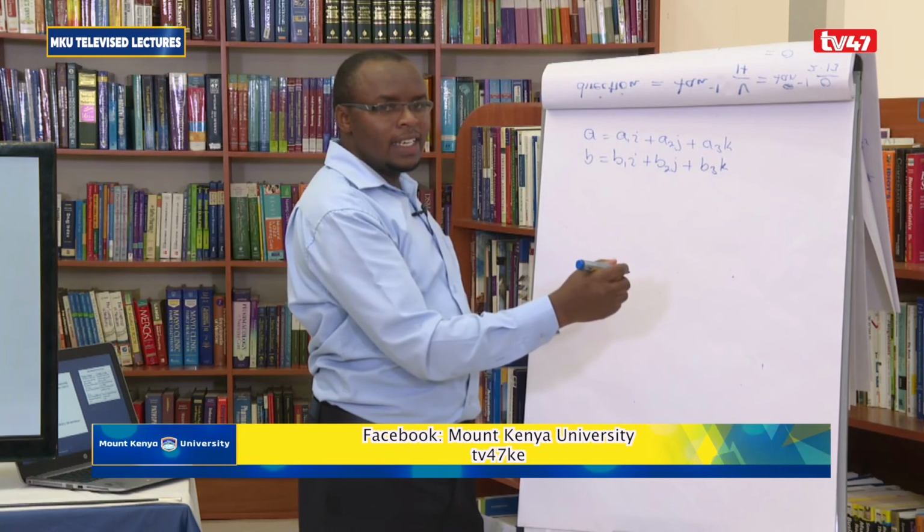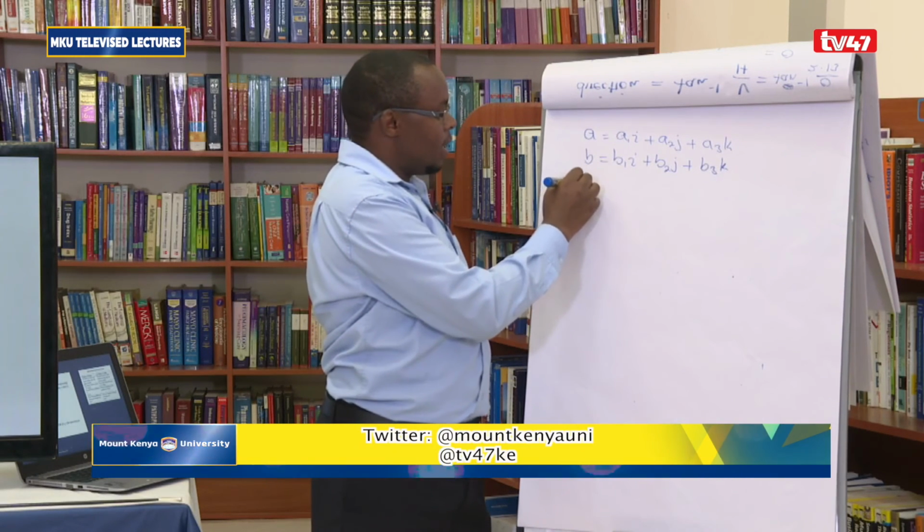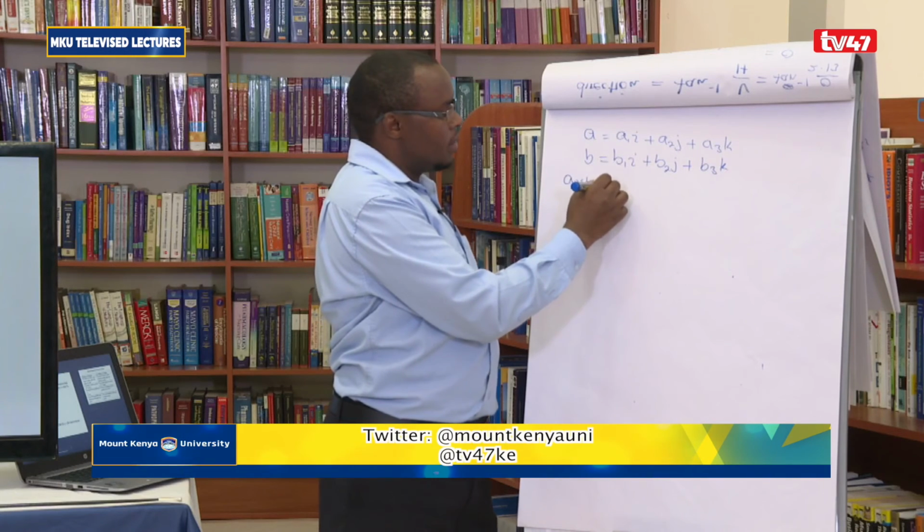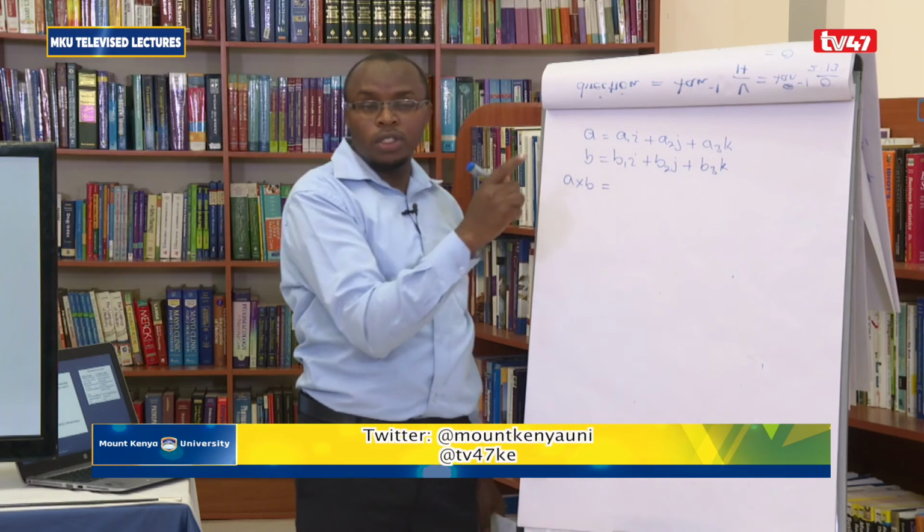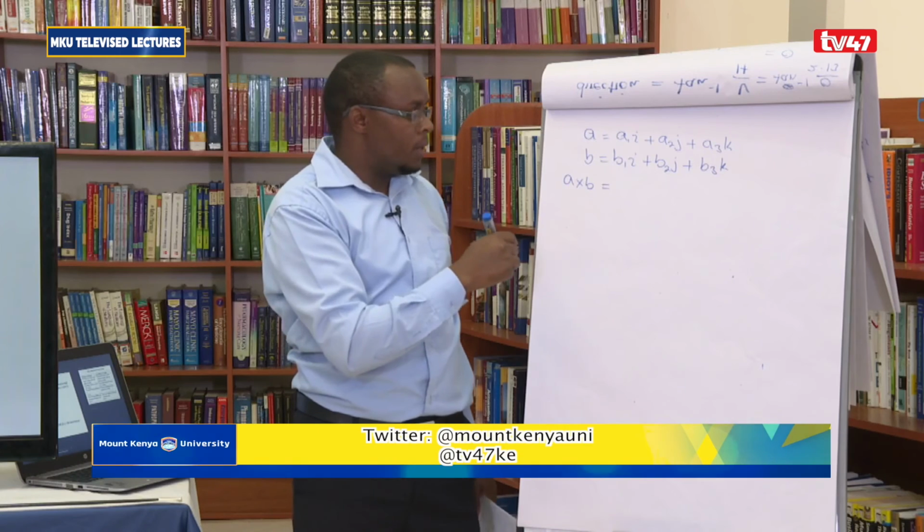Then you get the cross product, A cross B. We usually use cross to denote that. You are doing the cross, not times.